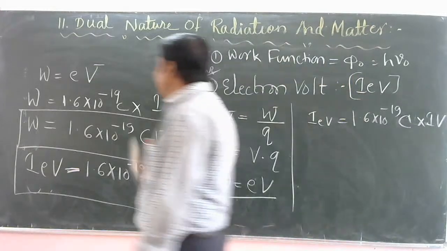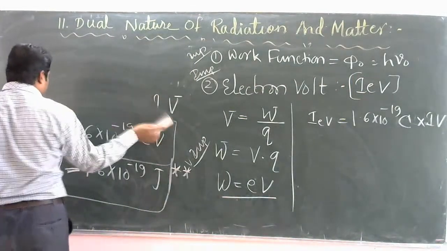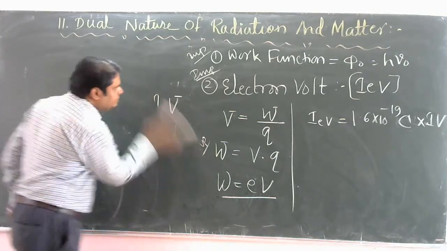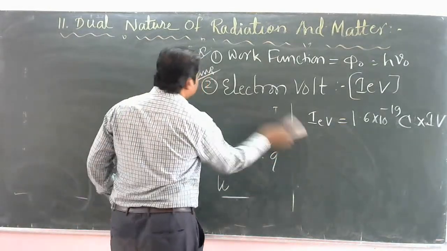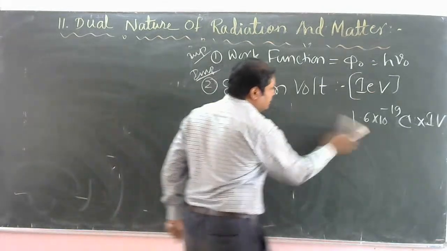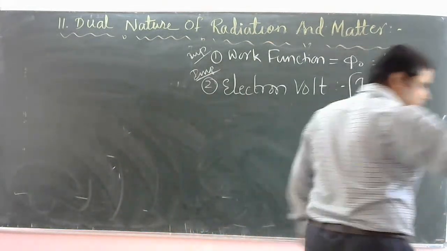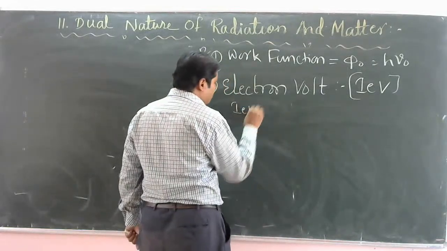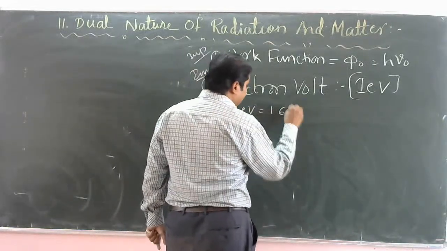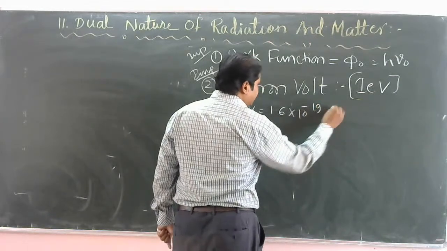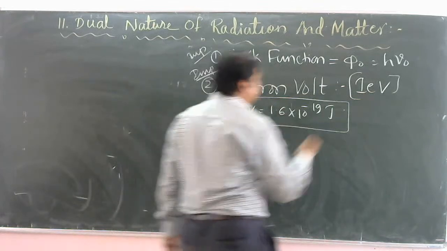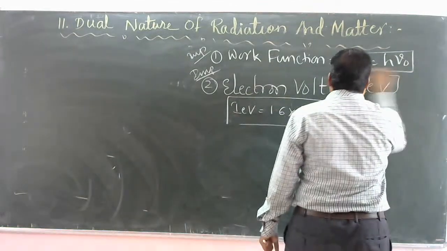Fine. Here I will write 1 electron volt is equal to 1.6 into 10 raised to minus 19 joules. This is important.